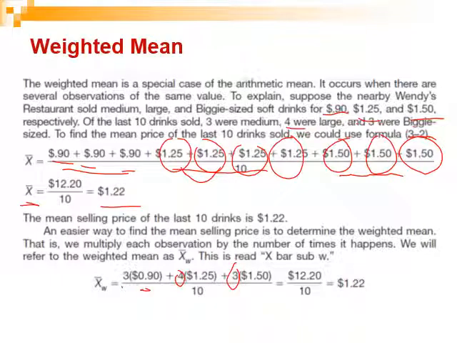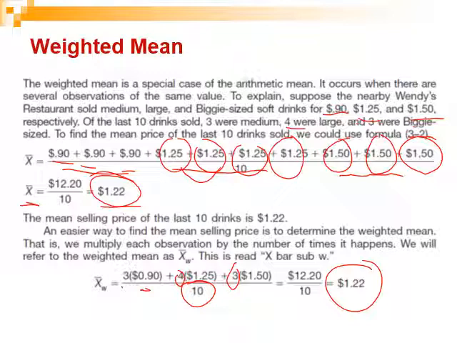We multiply each one by the number of times it happened, and this is what's called the weighted mean. We also divide by the total sample number, which is 10, because we have only 10 values, and we get the same result for x bar, but in an easier way.